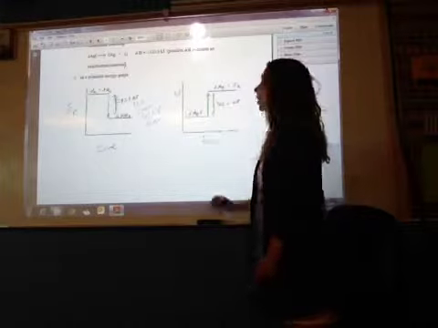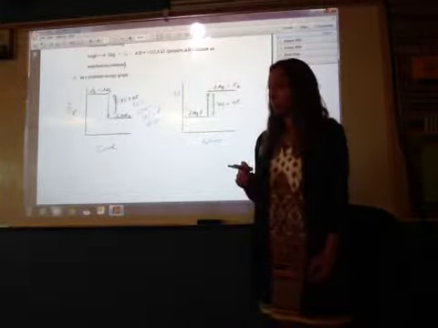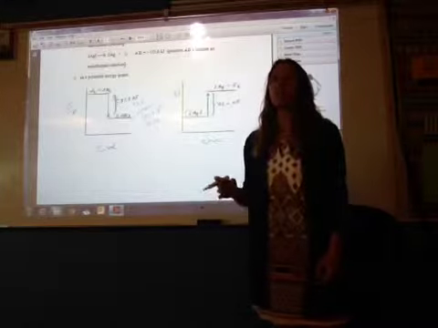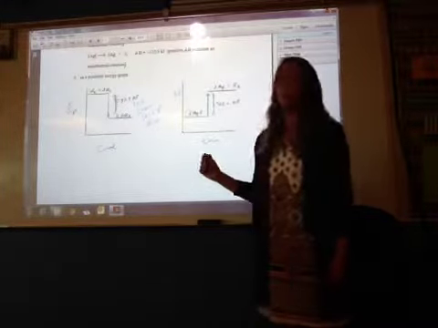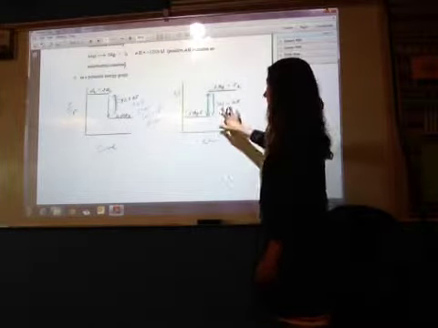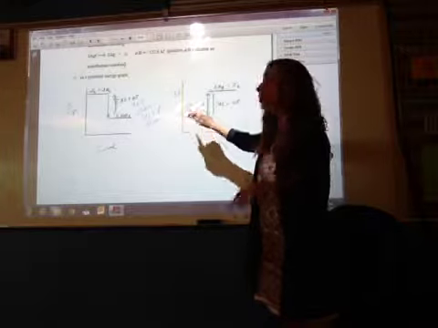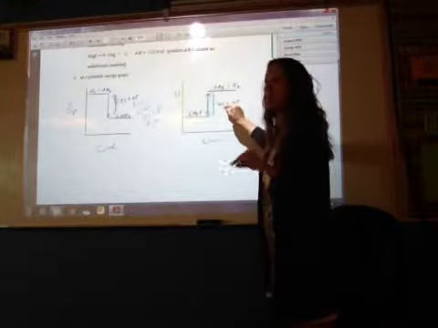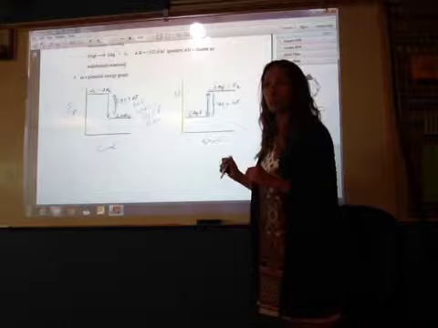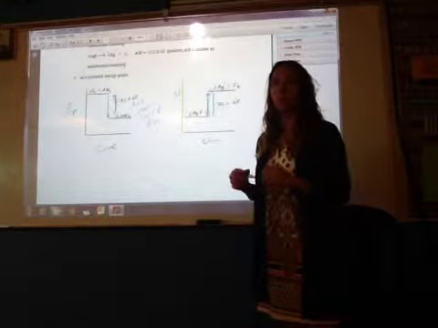So although this is positive 123.6, in our data booklets, it should be negative because it'd be going the other direction. Negative, and not 2 moles, but per mole. So therefore, approximately 60 kilojoules, not 123. Okay?